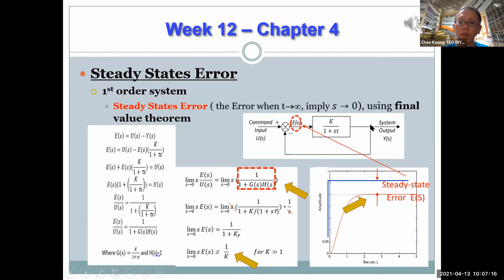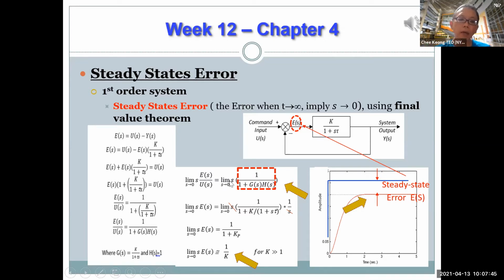But if you want to move from y to e, you are actually moving backward, so you have to divide by g. So g over 1 plus gh divided by g gives you 1 over 1 plus gh. That's how you remember the expression for e of s: 1 over 1 plus gh. The whole g over 1 plus gh expression, you divide by g, then you get 1 here. So that's how you can remember it.